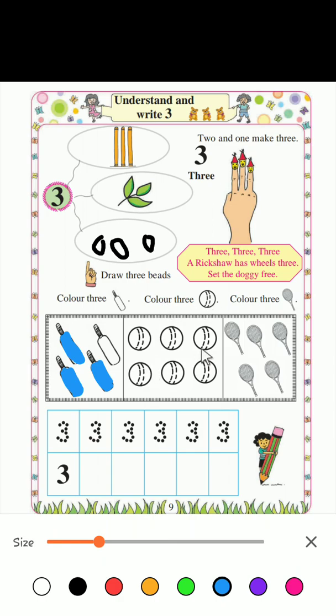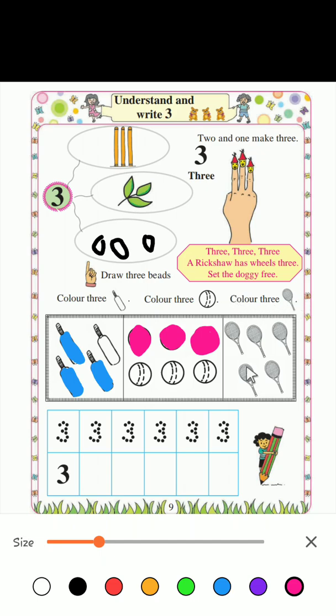Color 3 balls. Here there are total 1, 2, 3, 4, 5, 6 balls, and we need to color only 3 balls. 1, 2, 3.